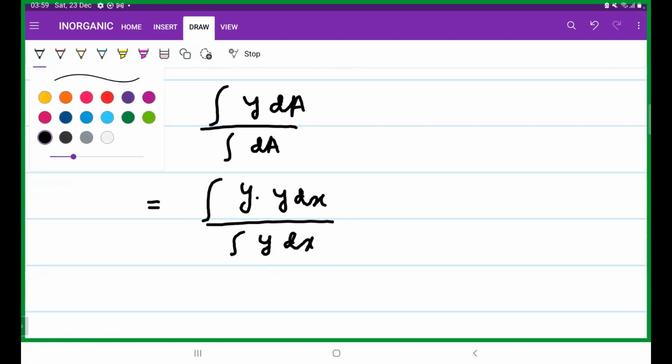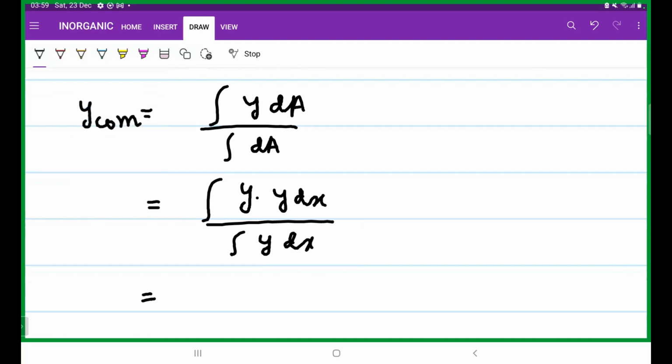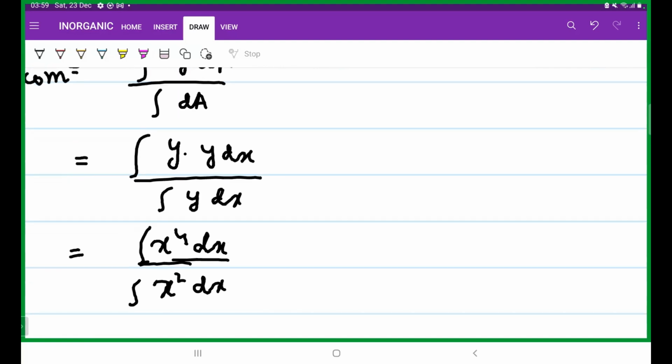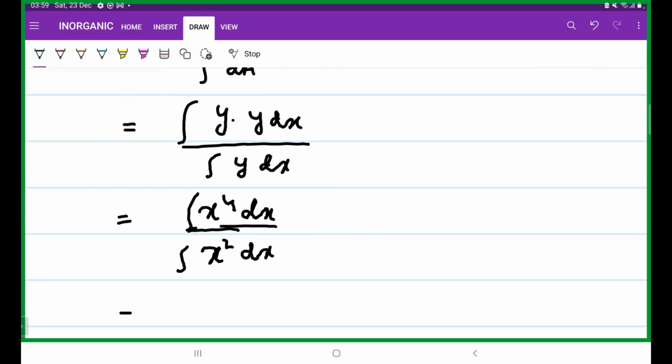And y square, we can write it as x to the power 4 because y is equal to x square, right? So this will become x to the power 4 dx divided by x square dx. You will integrate this again from 0 to 1, and you will get your answer as 3 by 10.